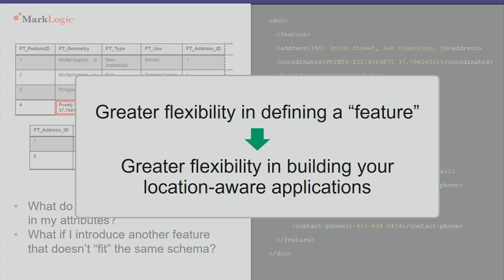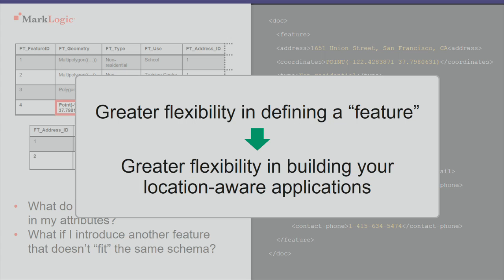And when you have greater flexibility in defining your feature, then you have greater flexibility in how you build your application. Maybe at first I built my application so that it just provides me directions to this one building. But now I want to be able to change my application so that I can click on that little location and it'll have a pop-up and I'll have different geometries that I can understand and say, hey, this building is used as a training center, this building is used as a school.